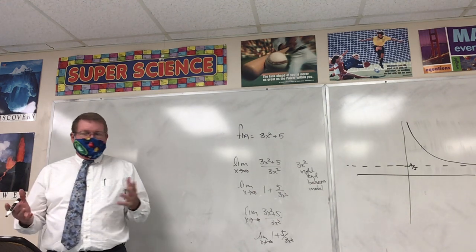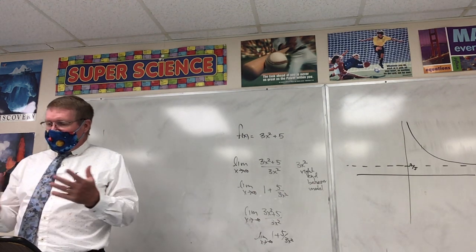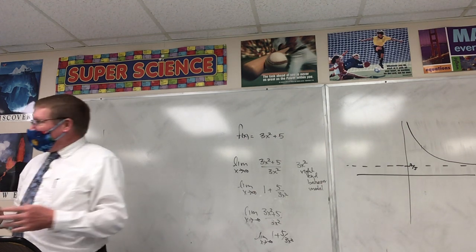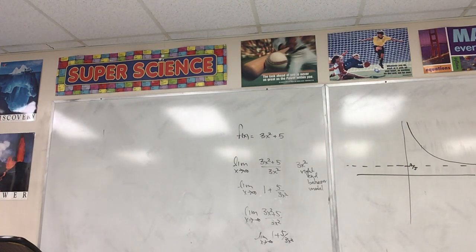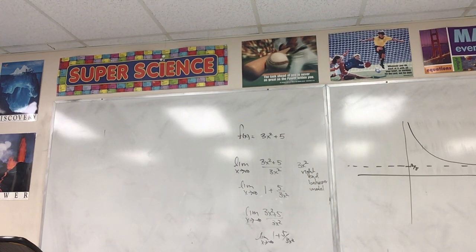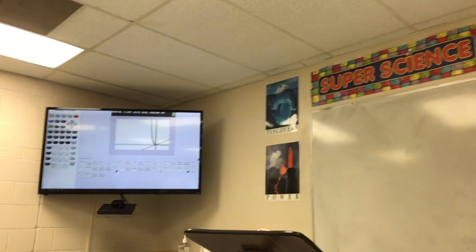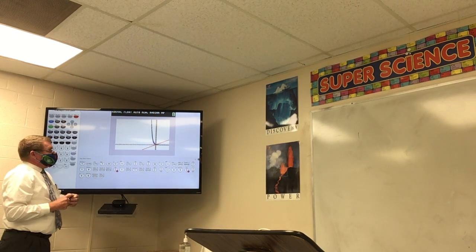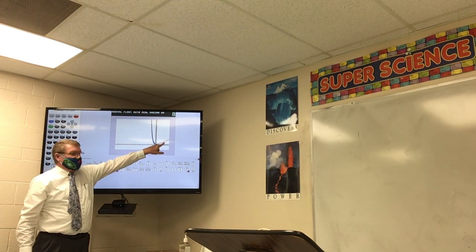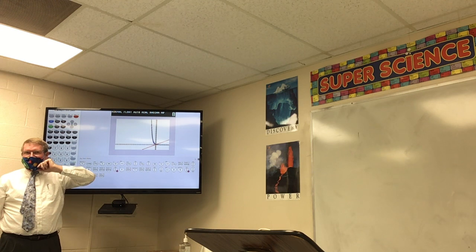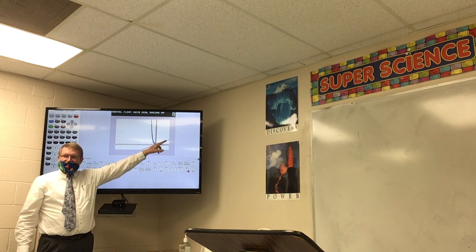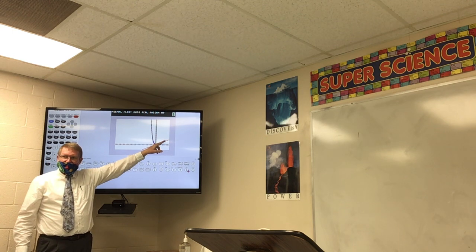Now, what's happened is my end behaviors actually show me asymptotes. Going back to this problem up here on the screen, my right end behavior was y equals x. I actually have an asymptote at y equals x on the right hand side.